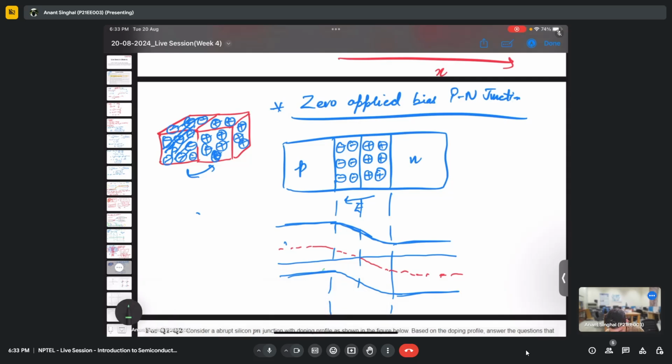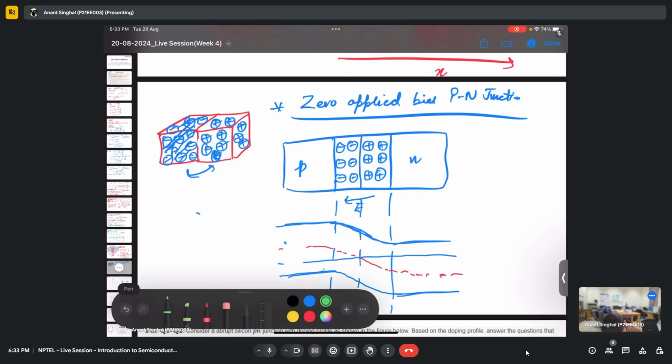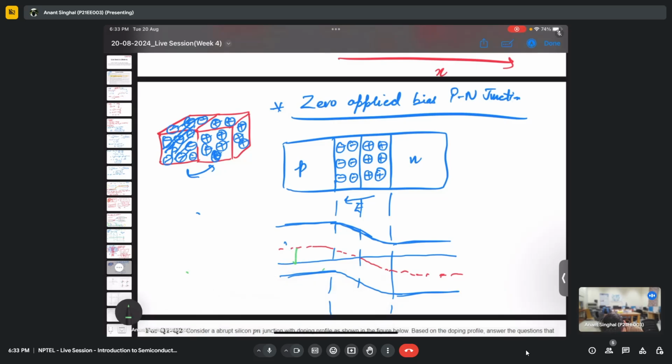Let's say I'm terming this as qφP for now. q is for the electron volts, and I'm terming this as qφN for now. And this qφP plus qφN is nothing but what we call the built-in voltage. I can write this as qφBI if that is better.